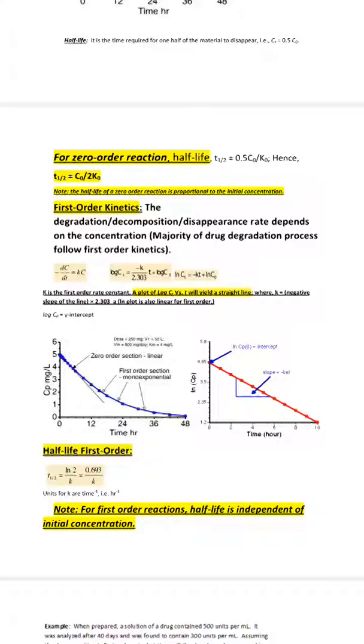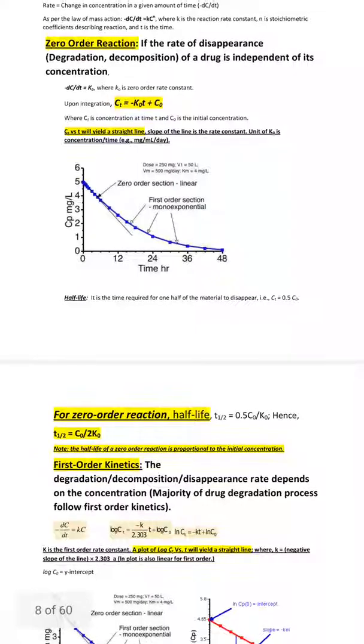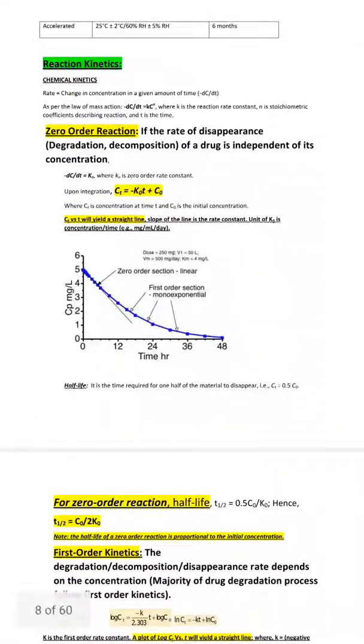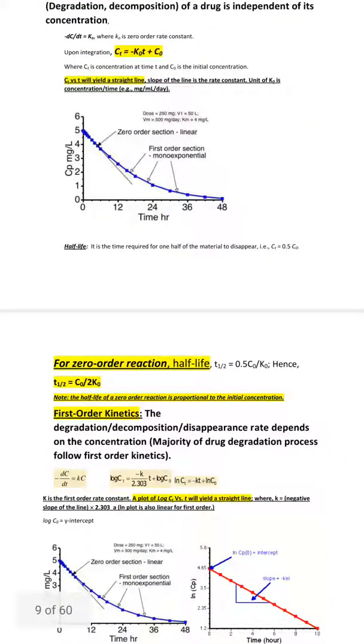First order half-life is ln 2 over K. Ct is negative Kt plus C0. Okay, cool. Half-life, what's the half-life for that? It is 1/2 C0 over K0, essentially, or C0 over 2K0.